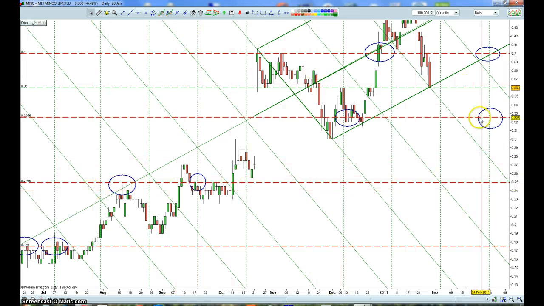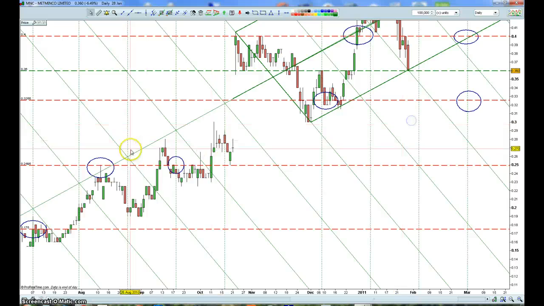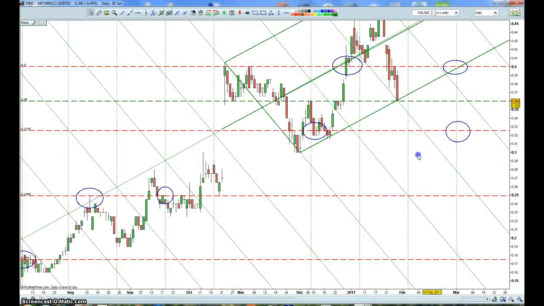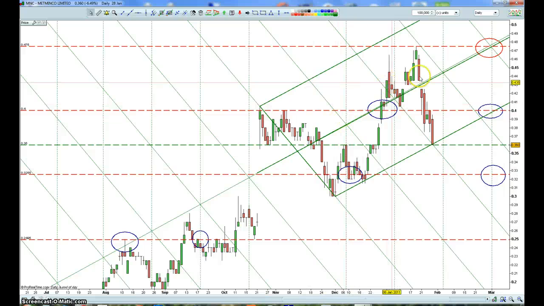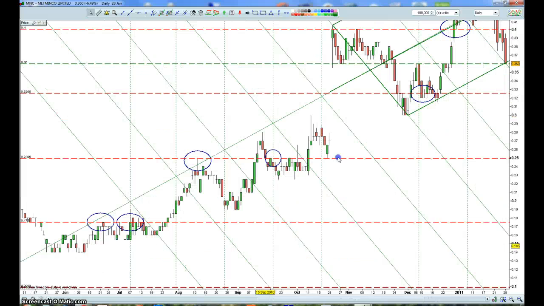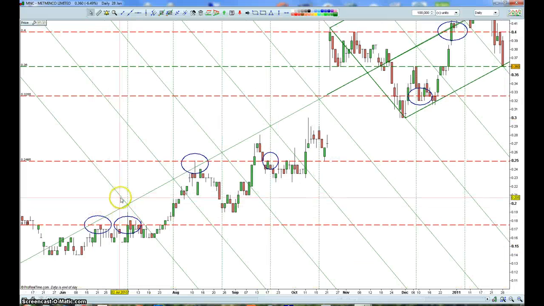Okay, yeah. Sorry it looks a bit busy, but the idea about these action-reaction lines is that price finds support and resistance on them. As it's done on the first one there, if we go back, a lot of times price pivots on these lines.